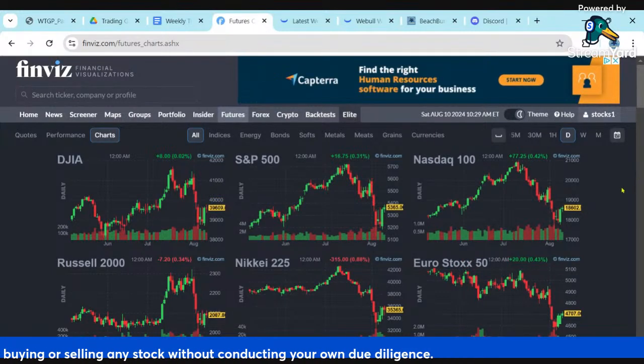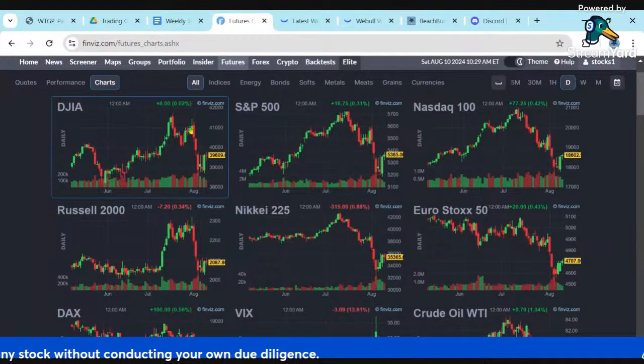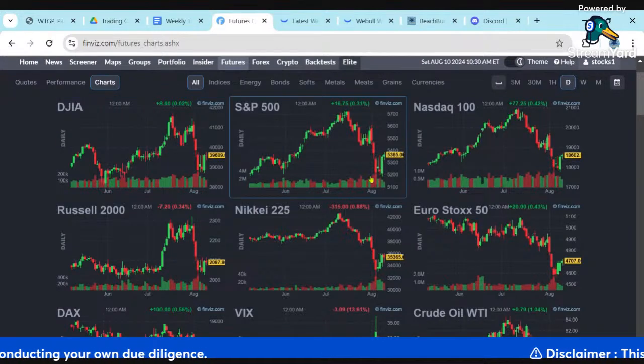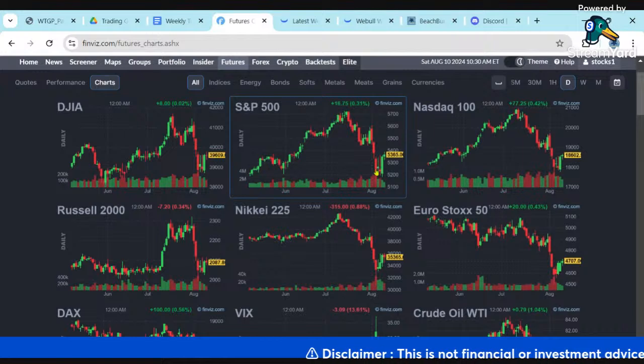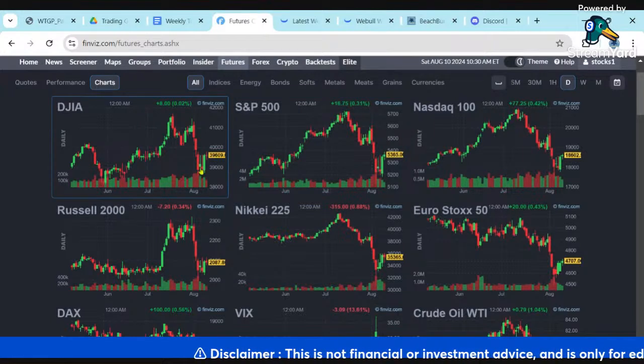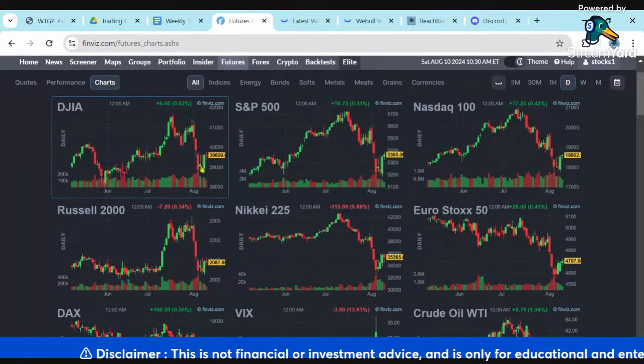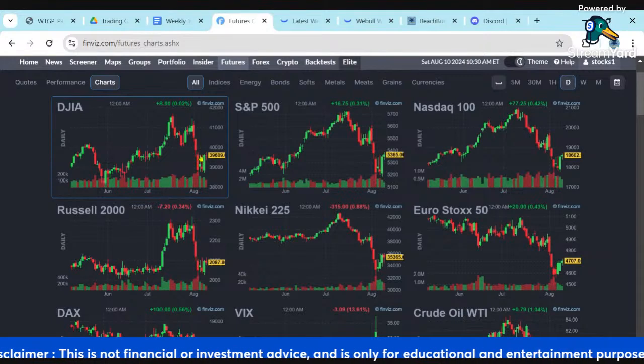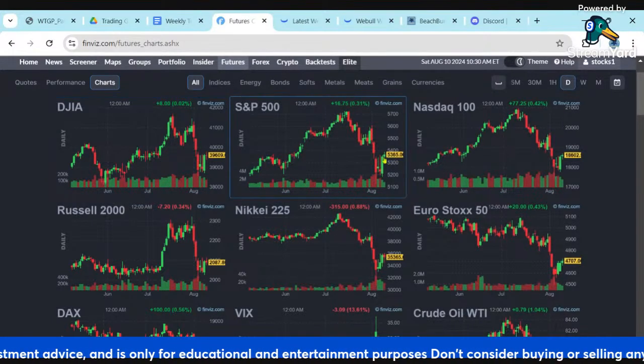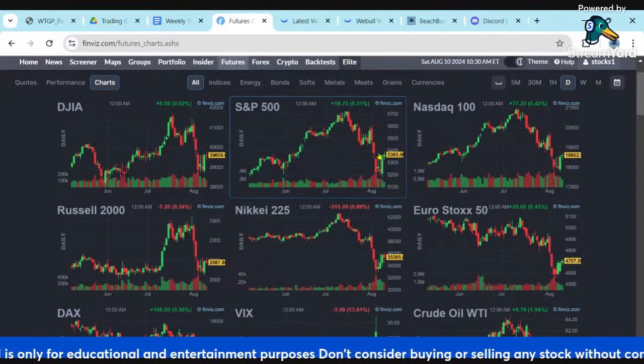Okay, if we look at the futures in FinBiz, again, we see a big decline in all the major indices Friday, or Thursday, Friday, and then into Monday. And we saw those bounces, and again, high volatility. We see all these bounces pretty much right up to the top of the previous candle, trying to fill that gap on Monday.